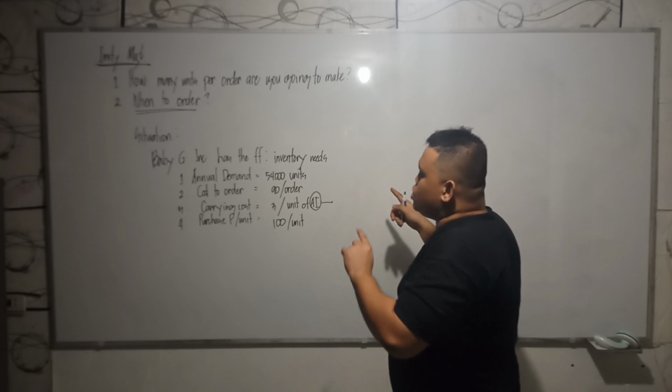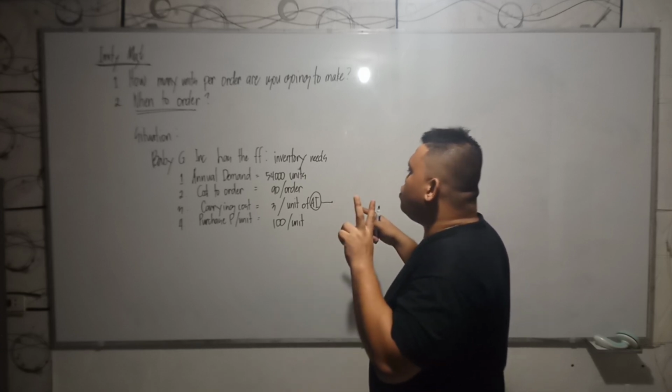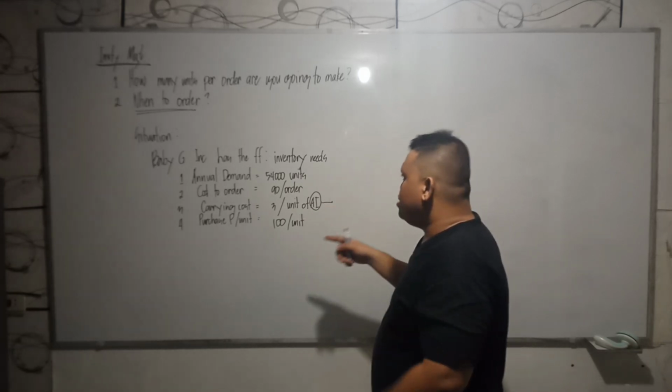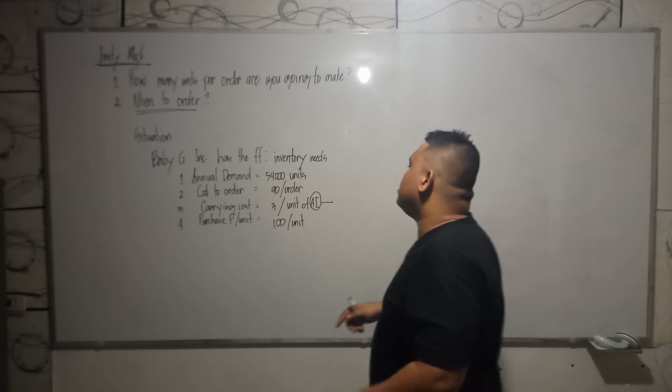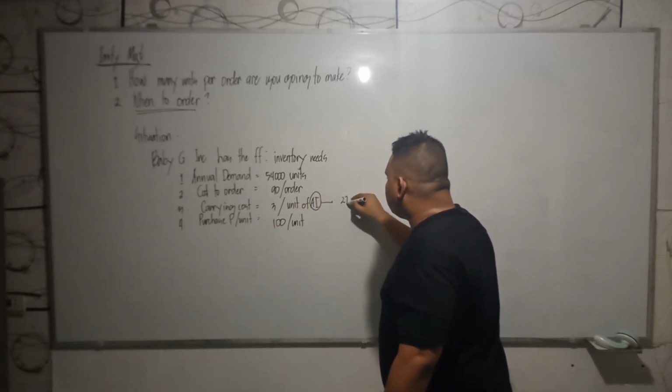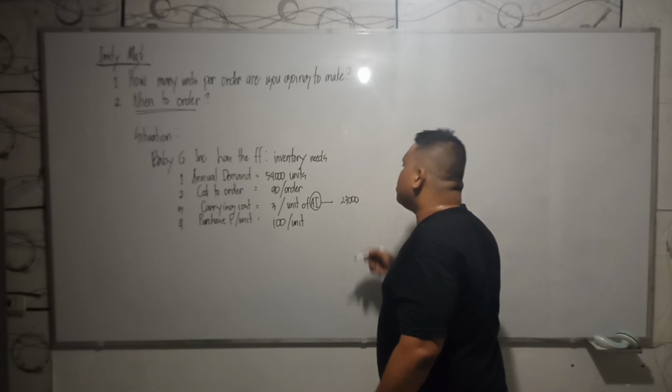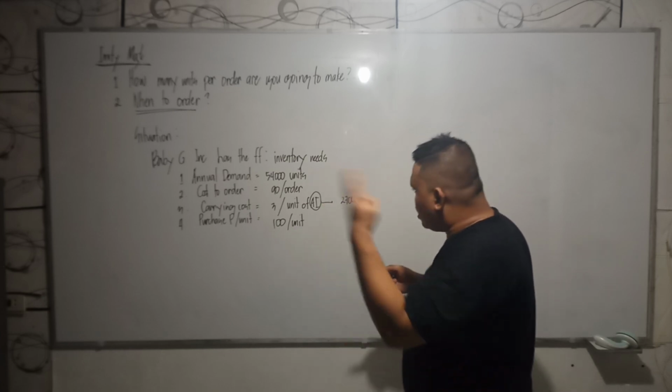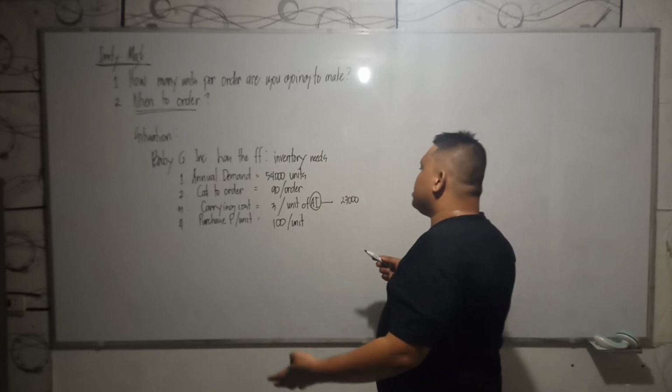Since you decided to order twice, 54,000 divided by two orders is 27,000 units. You order that on the first order, and on the second order, another 27,000.